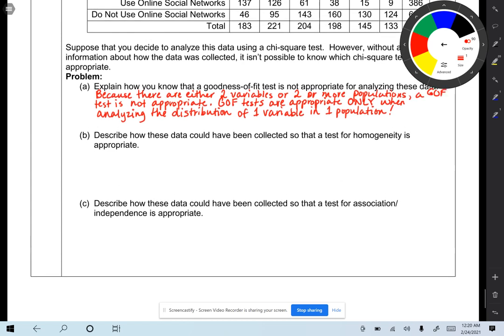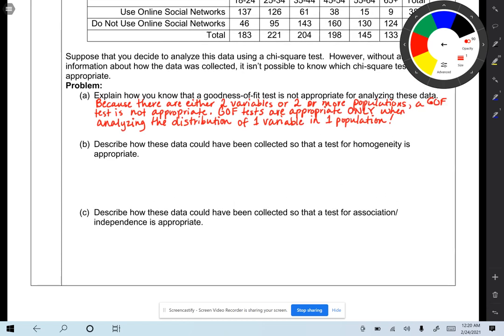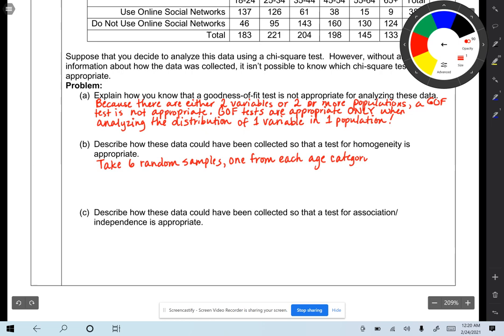So what you could do is take 6 independent random samples, and each of those samples would be one from each age category, and then ask each person whether or not he or she uses online social networks.